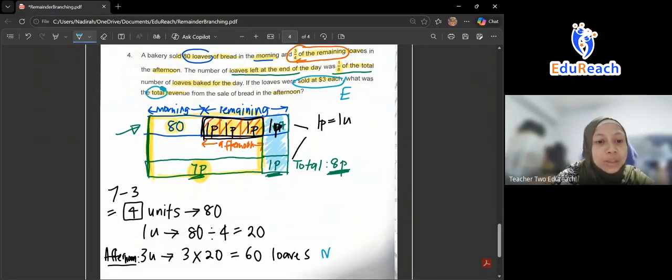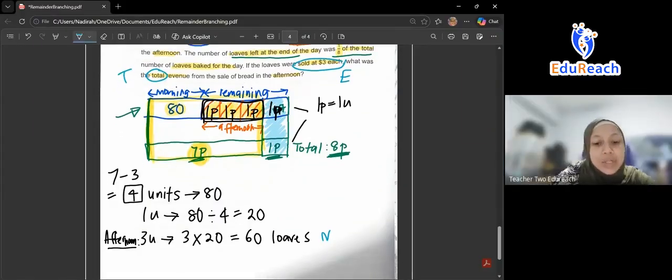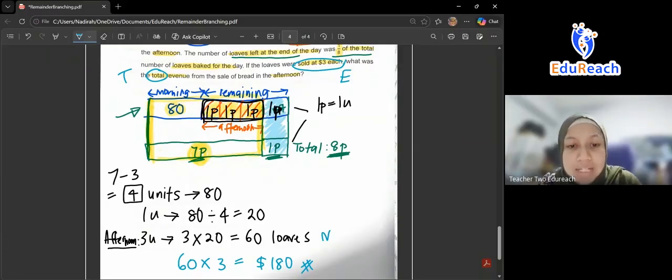How to find total? 60 times 3. Yes, correct. So the final step, you need to take your number times each price. Then you get your total money for the afternoon. $180. Correct. So $180.